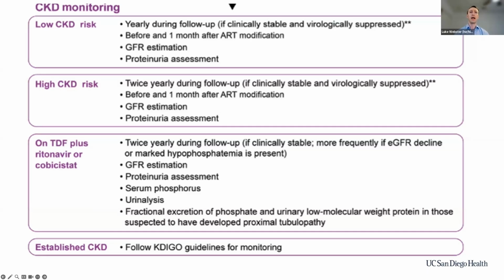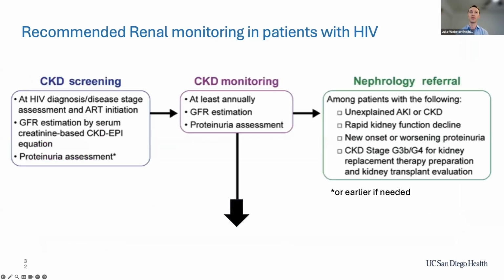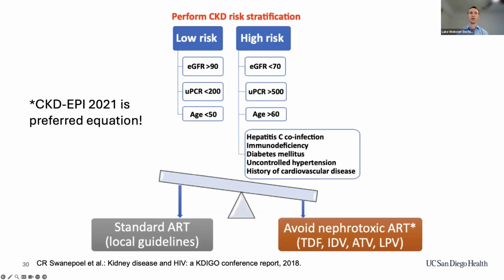Yeah, I would say it will be very patient-centered. If you have a patient on TDF who falls into more of a low risk for CKD, perhaps it's less important. But certainly if they're at high risk of CKD progression, that would be a cohort that I would suggest including phosphorus in your twice a year evaluation. Does that answer your question?